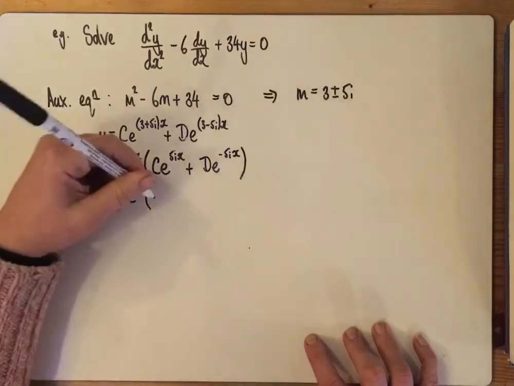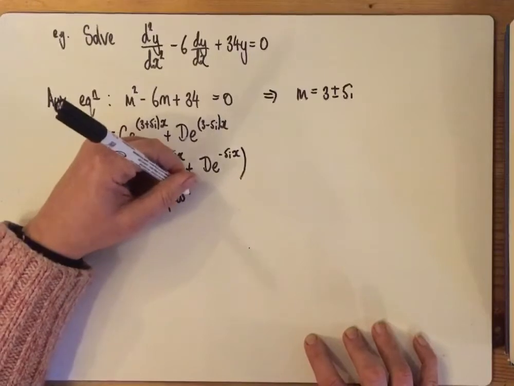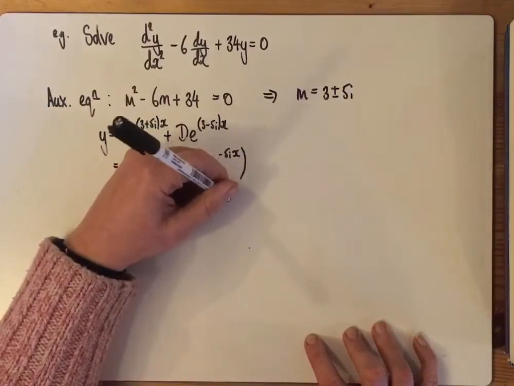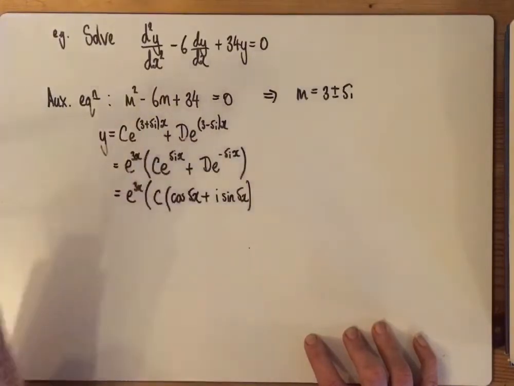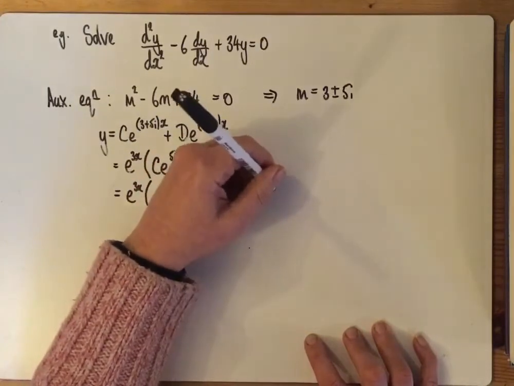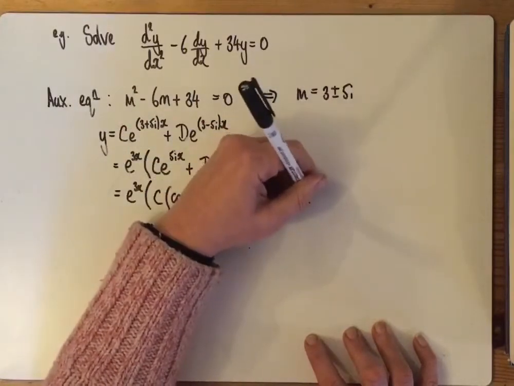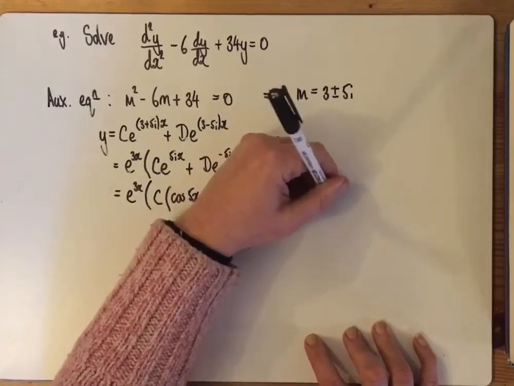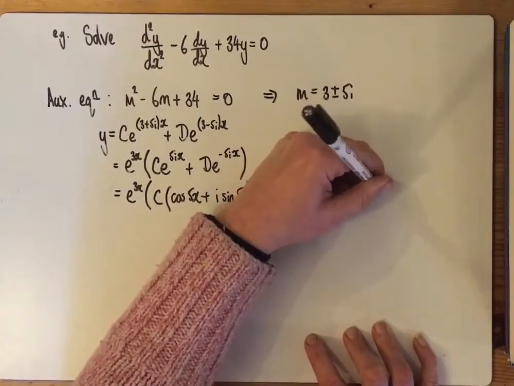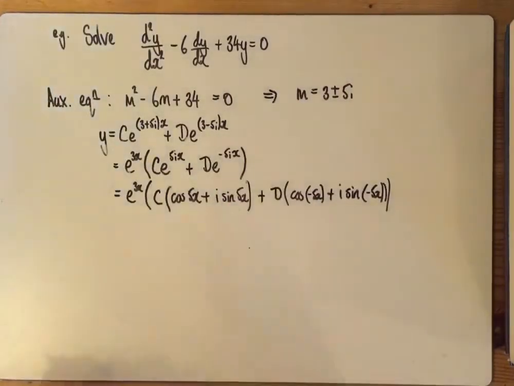So this gives you c lots of cos 5x plus i sine 5x, plus d cos of minus 5x plus i sine of minus 5x. I'm not sure how many brackets I need now. I think it's 3 on the end of that.